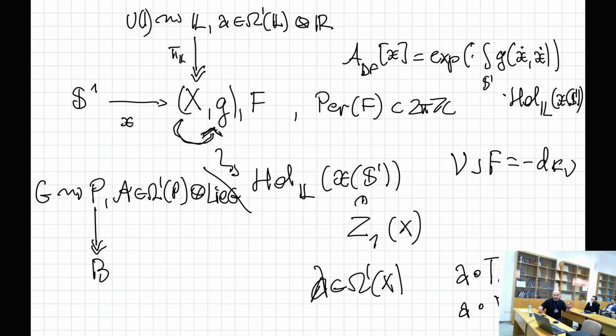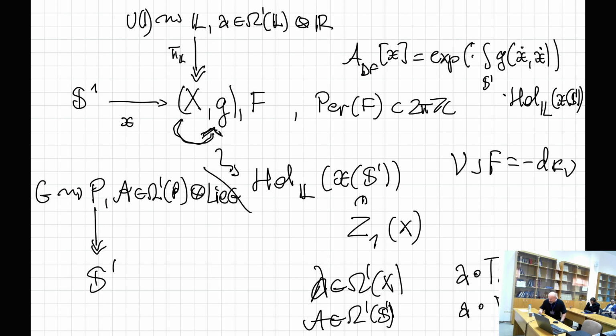So I assume both P and L to be trivial. L comes with a global connection 1-form on the base. So does P, except that the base is, in our field theory, S1 now. And so A is a 1-form on S1.